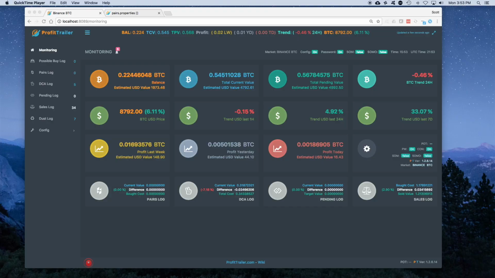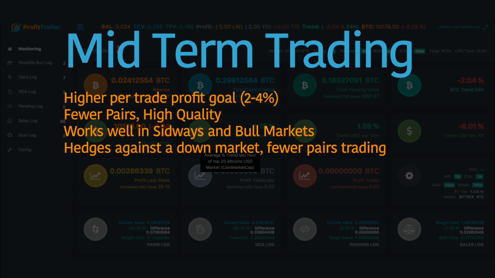All right. So another style of trading is what I call mid-tier or mid-length trading. It's a little bit higher per trade profit goal, but there are fewer trades made during a day. You usually use fewer higher quality pairs, and you can do this in a sideways market or in a bull or a very strong market. It's a hedge against a down market because you have less involved in each trade, and you have fewer coins held at any one time.